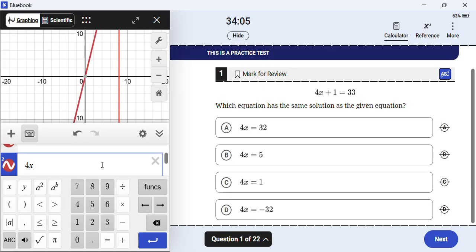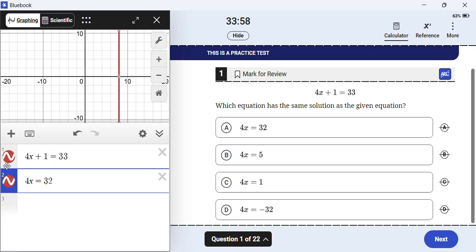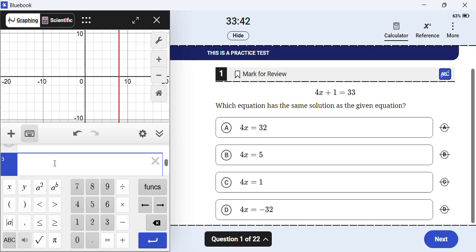So 4x equals 32 is part A. If you notice that line, and they colored them both red here, that line goes directly on top of the line we had. The calculator in here works a little bit different than actual Desmos, so it kept it the same color.